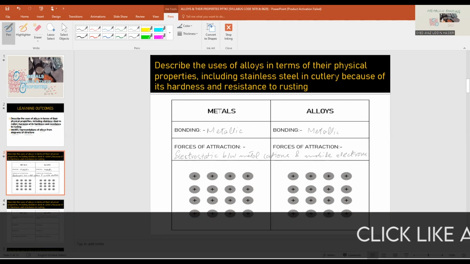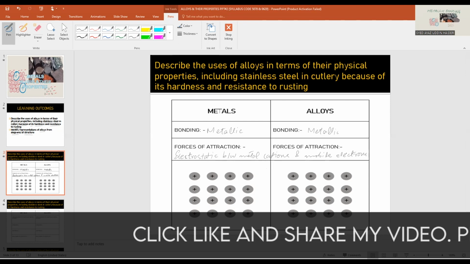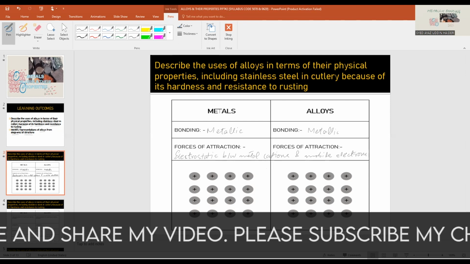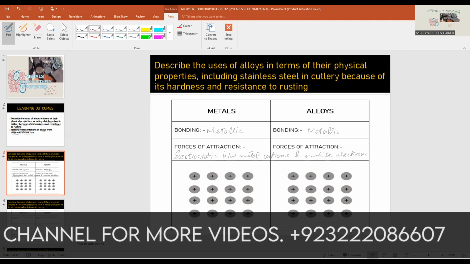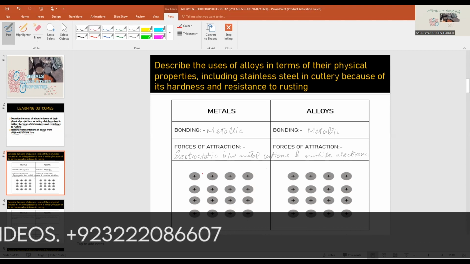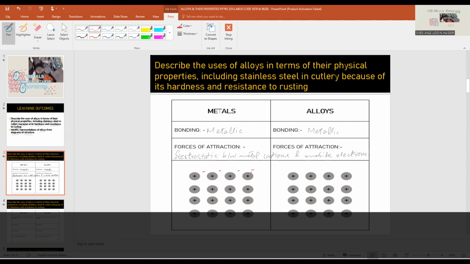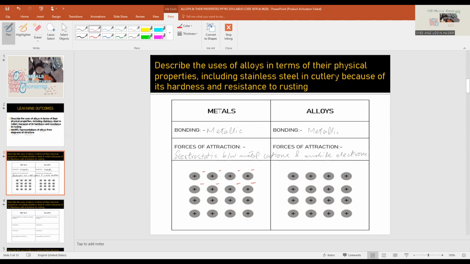For diagrammatic presentation of metallic bonding in metals, you have to draw metal cations like this. It's in a sea of mobile electrons. These are the free or mobile electrons. You can even write delocalized electrons.